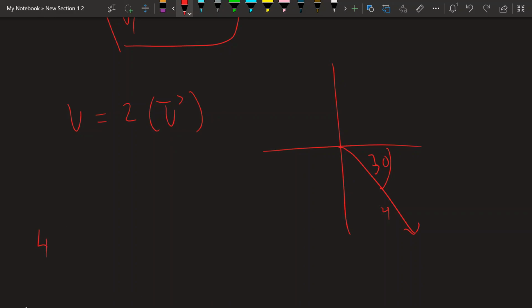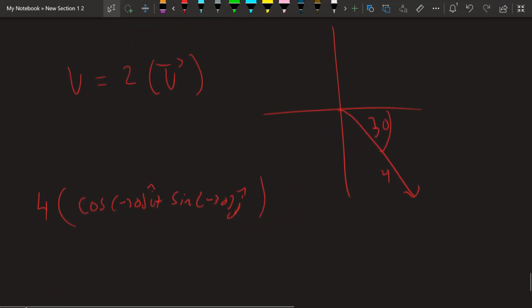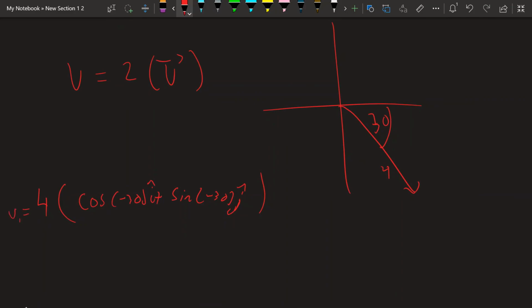Let's find its equation. Its equation is 4 multiplied by cosine minus 30 i plus sine minus 30 j. Okay, here we go. This is equal to v1. Using some calculator magic, we're going to get 4 multiplied by cosine minus 30, which gives you 2 radical 3 i.